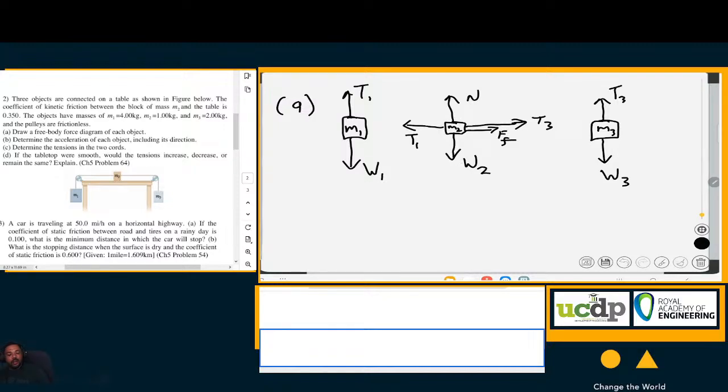That's the force diagram for each one of these blocks or masses. Question B, what does B require of us? Question B says, determine the acceleration of each object, including its direction.